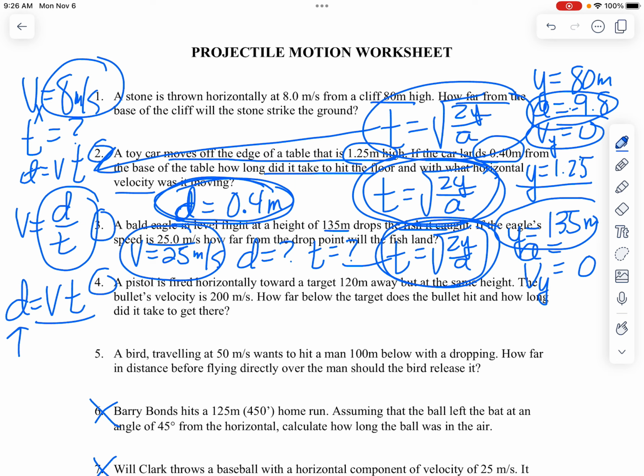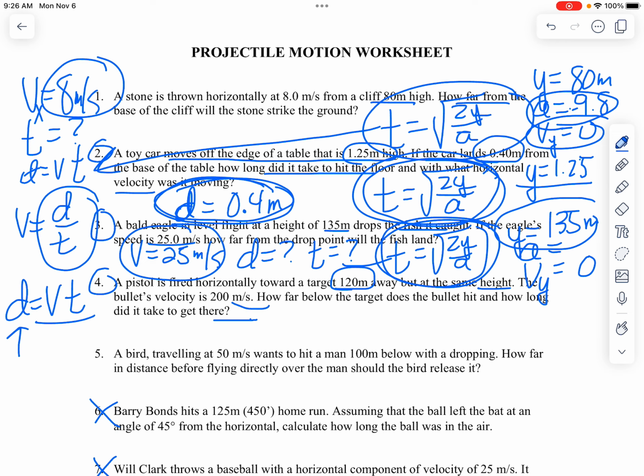We have a horizontal launch here toward a target that is 120 meters away, but at the same height. Okay, so this time you're launching something horizontally and you're trying to hit a target that is 120 meters away.